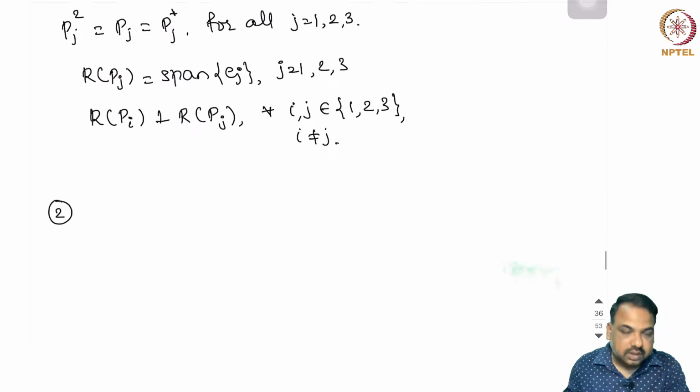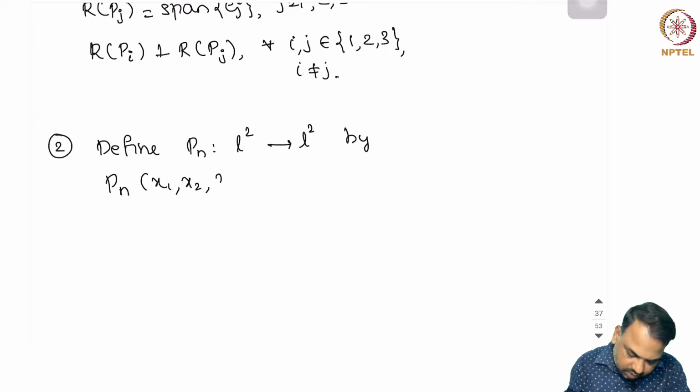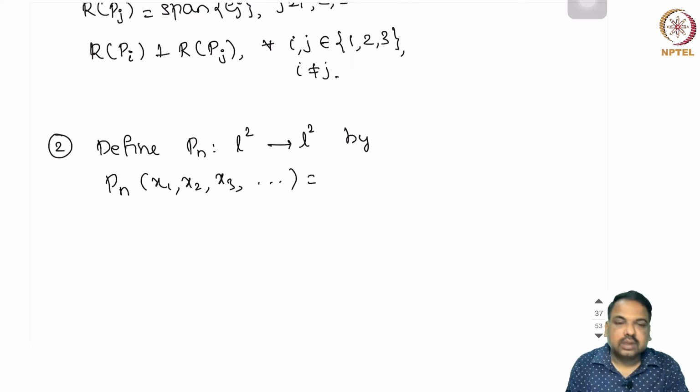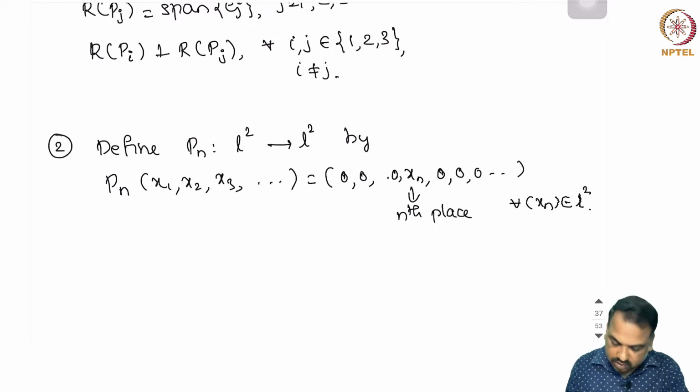So let us look at one more example. Define Pn from L2 into L2 by Pn of x1, x2, x3 and so on is defined by 0, 0, 0, with the nth component xn and all remaining 0. This is for every x in L2. We can easily show that Pn is an orthogonal projection.